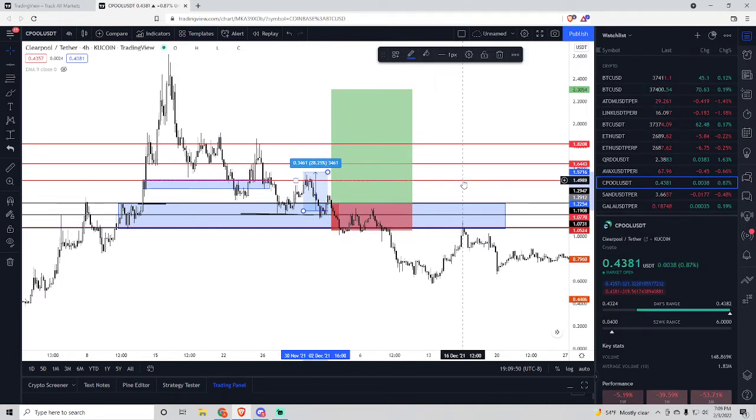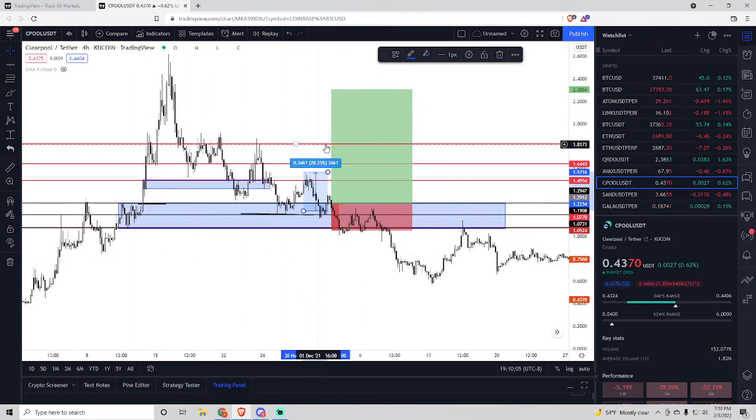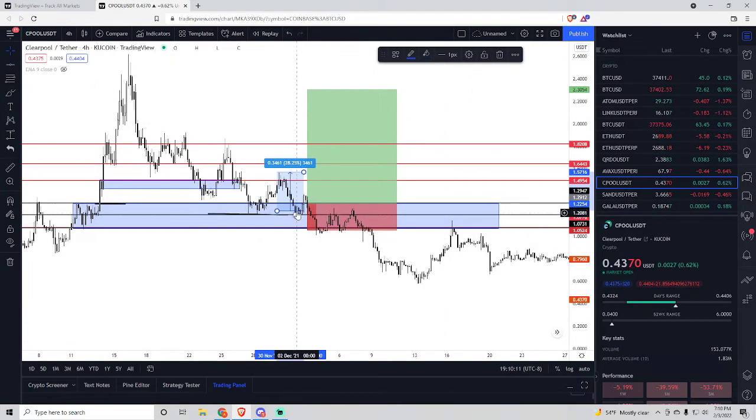Now that's usually what you get on a higher time frame. You'll get about 15 to 25%, right? But you're getting a 28% unleveraged move, right? So if you're using 20x, congrats, you just made almost 530%, a little bit more actually, 560, just playing this demand zone.